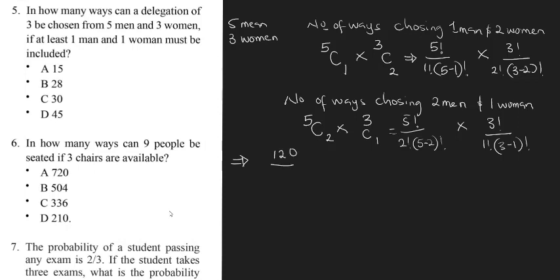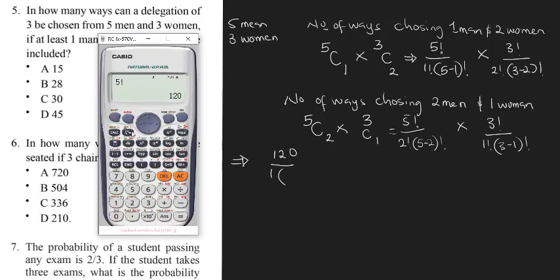Then over, what is 1 factorial? Of course, 1 factorial is 1. So we have 1 into 5 minus 1, which is going to be 4. So what is 4 factorial? 4 factorial is 24.